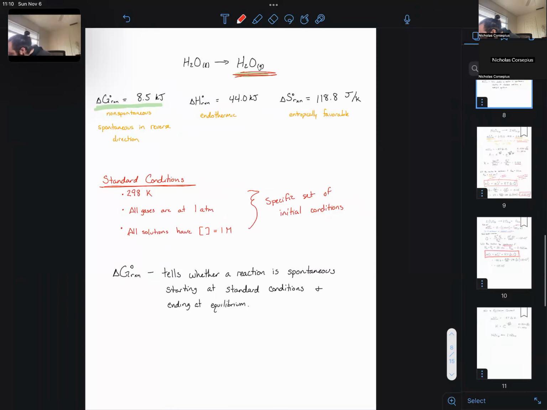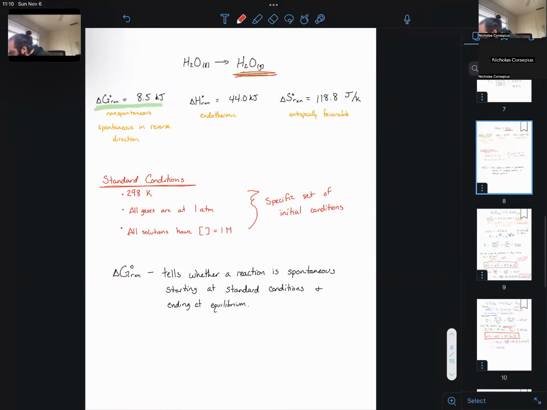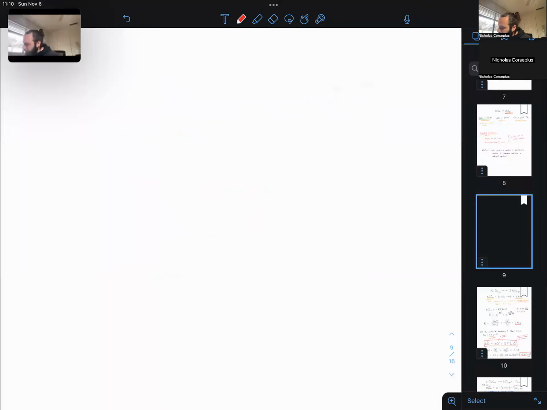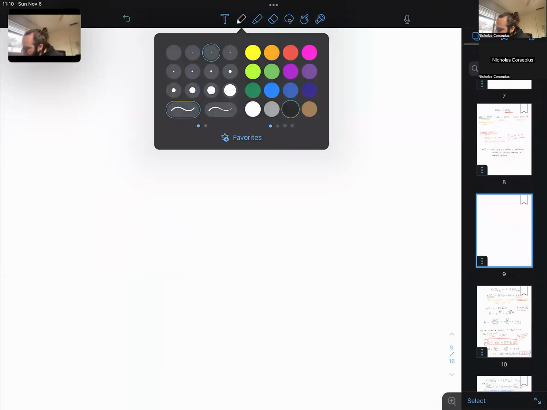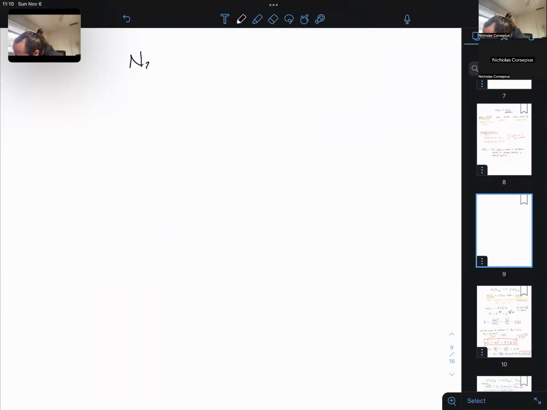All right, so we're going to take an example reaction here. The dinitrogen tetraoxide gas going to nitrogen dioxide gas. Okay. If we calculated the delta G naught for this reaction, first of all, how would I do that?